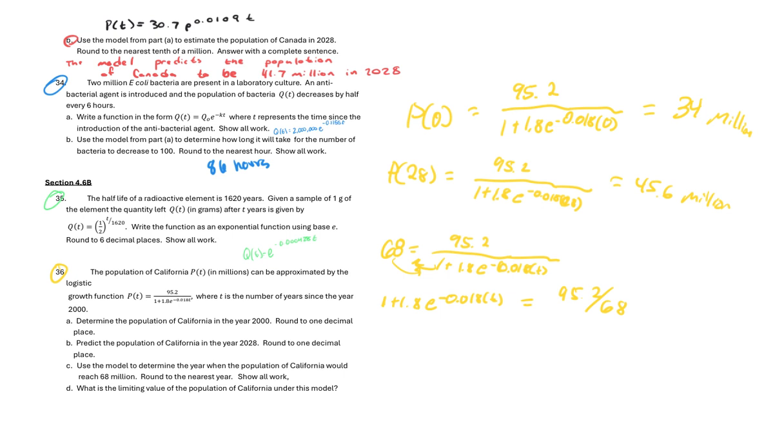We'll subtract 1 from both sides, so we get 1.8 e to the negative 0.018 t over 68 minus 1, and that will simplify to 27.2 over 68. Divide both sides by 1.8.